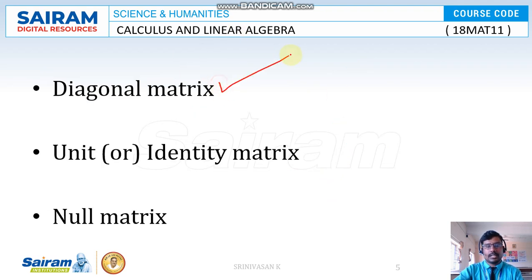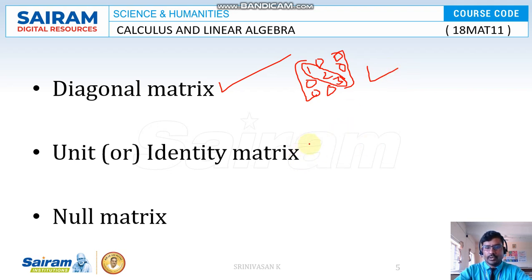The next one, the diagonal matrix: the elements are only on the diagonal, 1, 2, 3, then the remaining are 0. So this is called a diagonal matrix. Mostly we use the upper triangular matrix, lower triangular matrix, and diagonal matrix in solving problems.